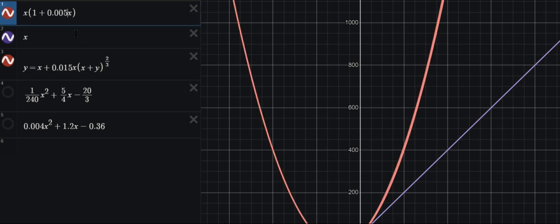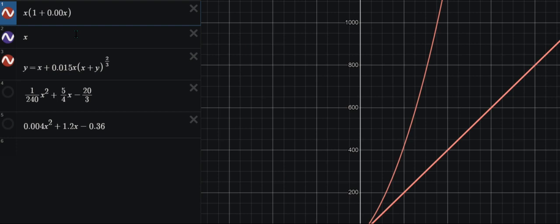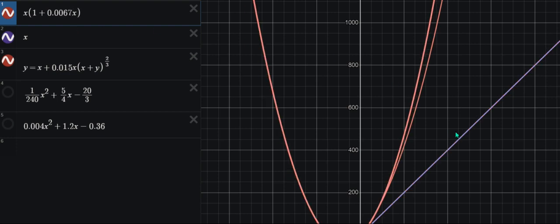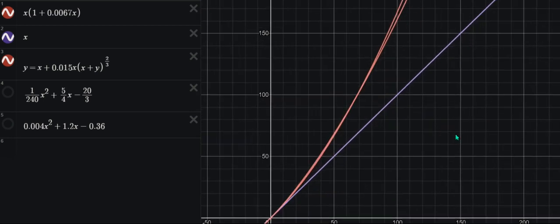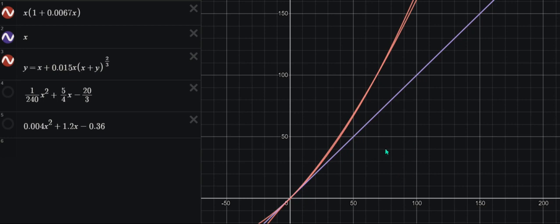If I increase this, let's say to 0.067, which is what I did for 60, so this will probably resemble a lot at 60.